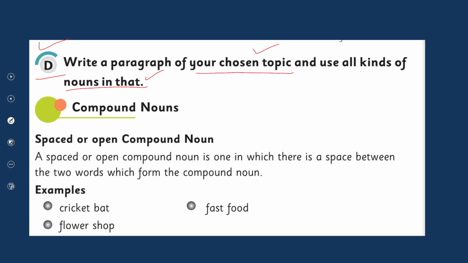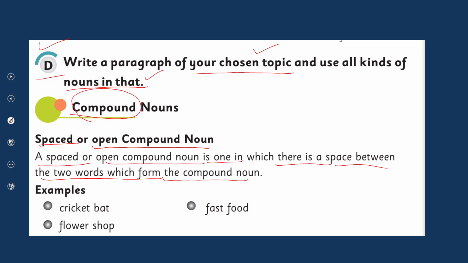Now let's talk about another kind of noun, compound nouns. Compound word means when two or more things are joining together. So we have spaced or open compound nouns. A spaced or open compound noun is one in which there is a space between the two words which form the compound noun.